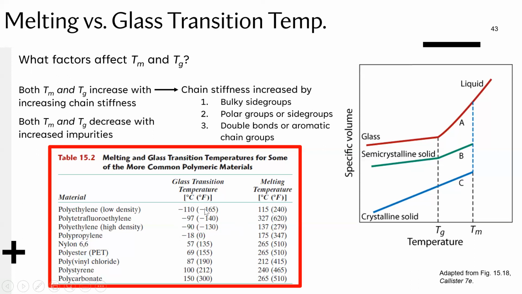A lot of these materials at room temperature are already deformable. So they won't break like glass. They're not glassy because their glass transition is negative here. You can see it's negative 110, negative 97. So at room temperature, polyethylene and polypropylene are all going to be rather deformable.